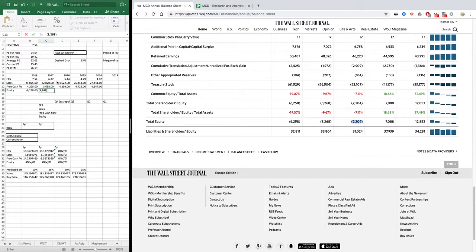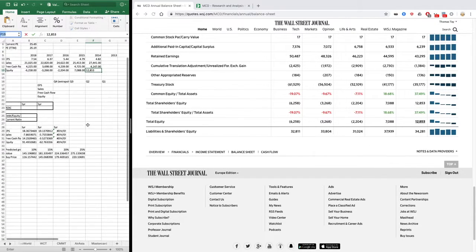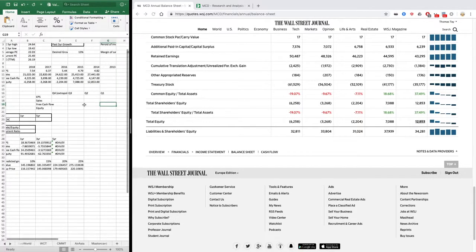This doesn't make sense. I'm not a financial advisor, so I'm also just a beginner in valuing stocks. So don't be too hard on me if I don't know anything. I'm not sure why it's negative equity here.